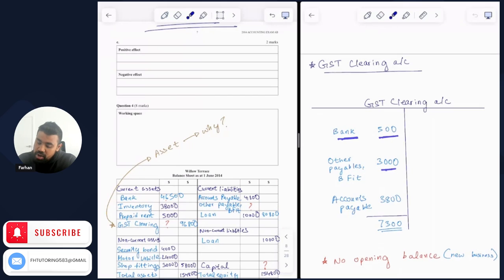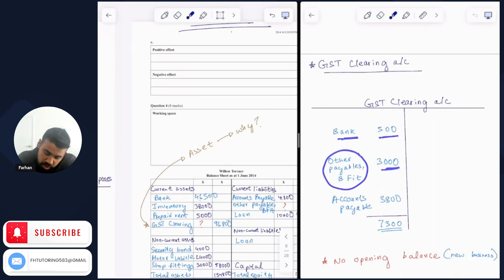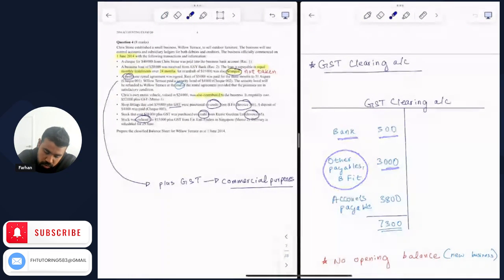Then we have GST of $3,000 relevant to the purchase of shop fittings on credit from BFIT. Okay, so if you recall transaction number 5, you will see that shop fittings $30,000 plus GST, which is $3,000, were purchased on credit from BFIT.